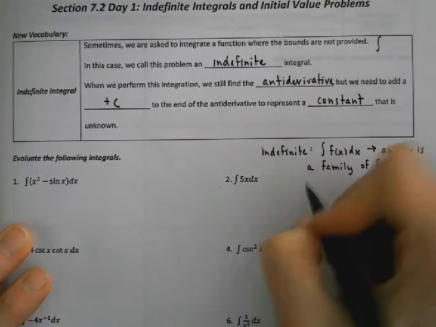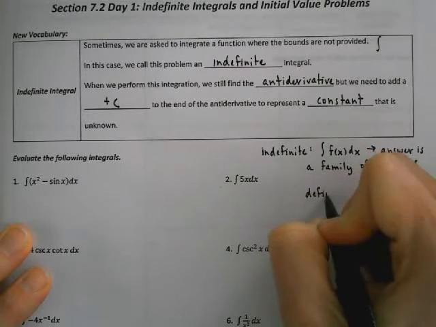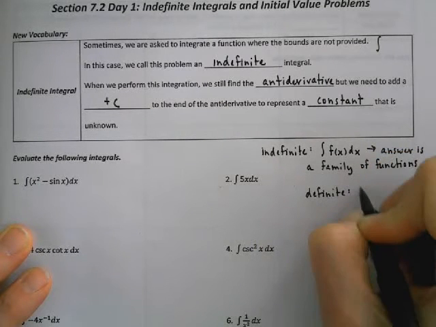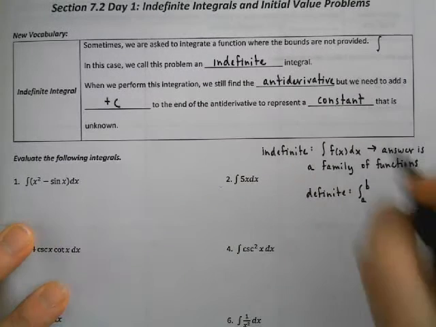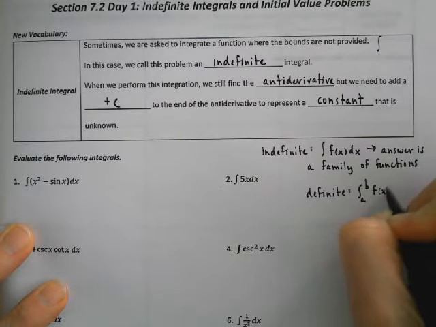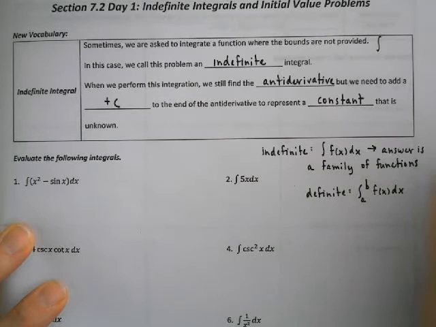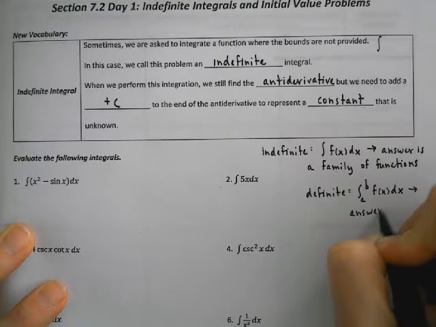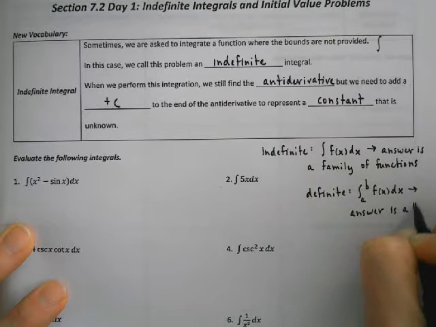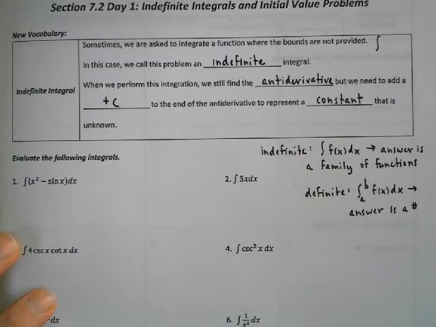On the other hand, we have our definite integrals, which is what we were working with in the last chapter. Here we do have an upper and a lower bound, or limit of integration. When we do a definite integral, our answer is just a number. I want to be really clear on the difference between those two types of integrals.